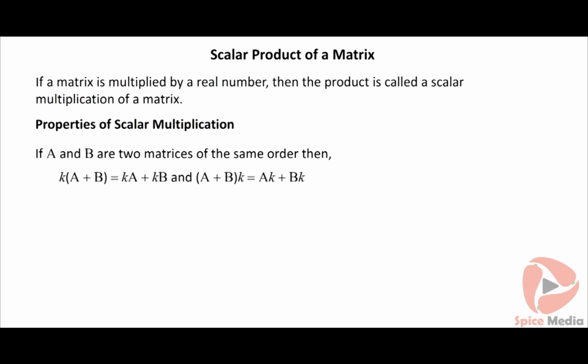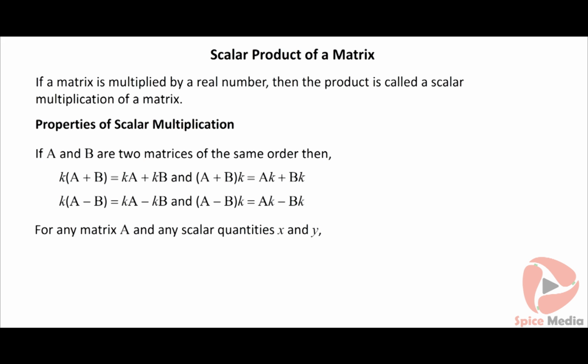If A and B are two matrices of the same order, then k(A + B) = kA + kB, and (A + B)k = Ak + Bk. k(A - B) = kA - kB, and (A - B)k = Ak - Bk.